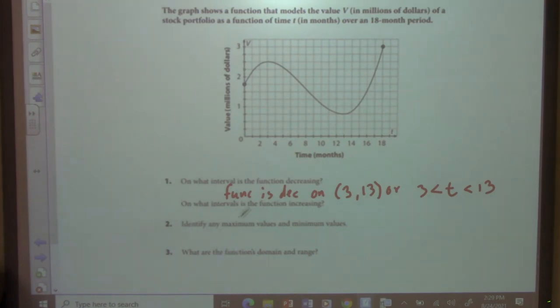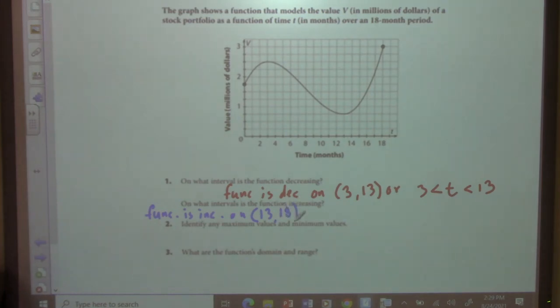Okay, Lily, on what intervals is the function increasing? Lily says the function is increasing on the interval from 13 to, are we talking about x values or y values? x values, so x is 18, right?